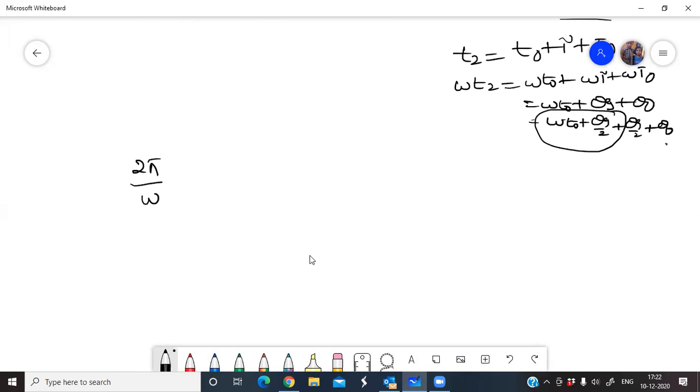In the diagram also I mentioned pi by omega, right? 2 pi by omega, I'm repeating once again. The beam current at the catcher cavity is a periodic waveform of period 2 pi by omega about DC current.